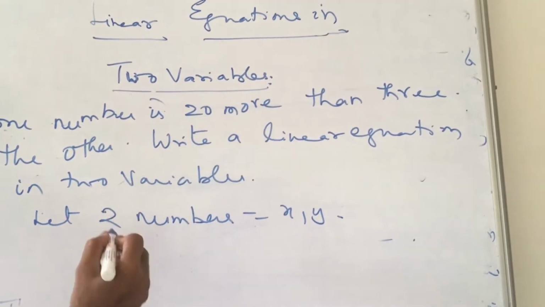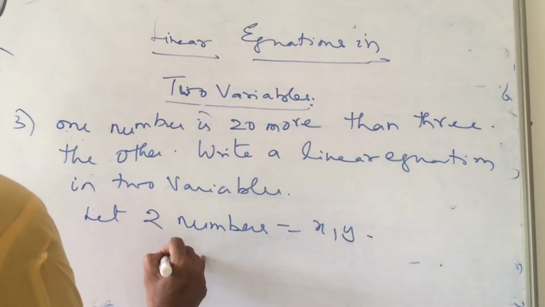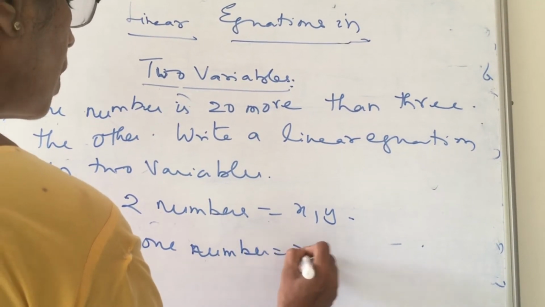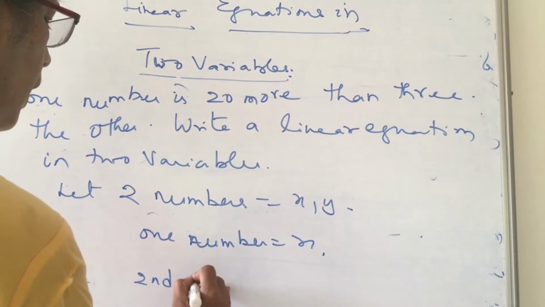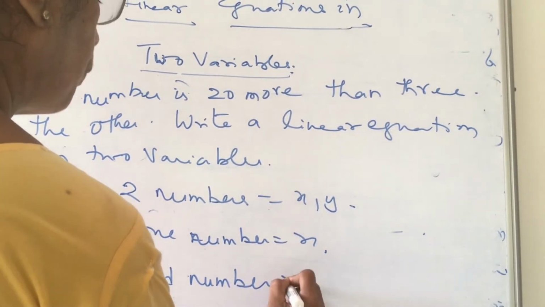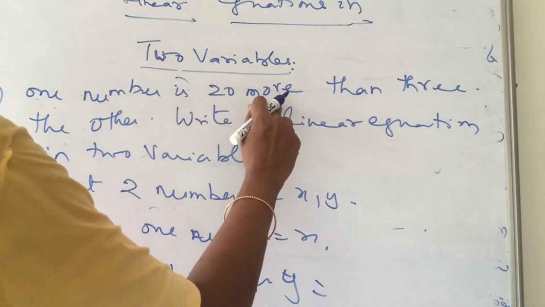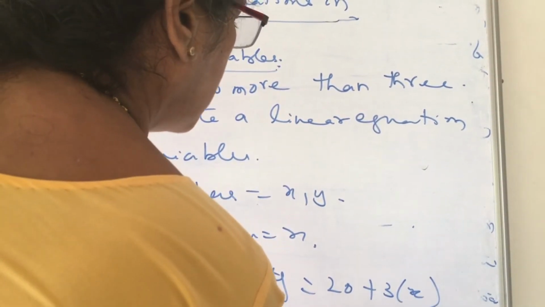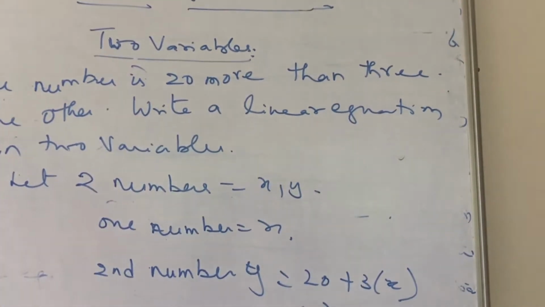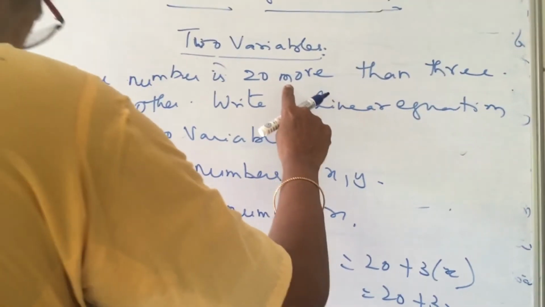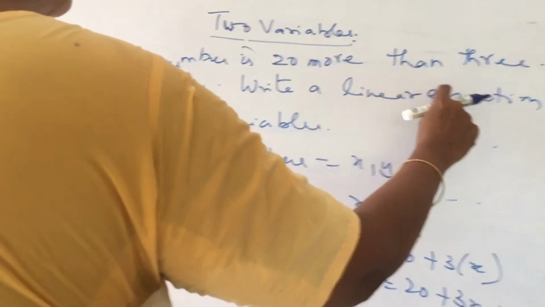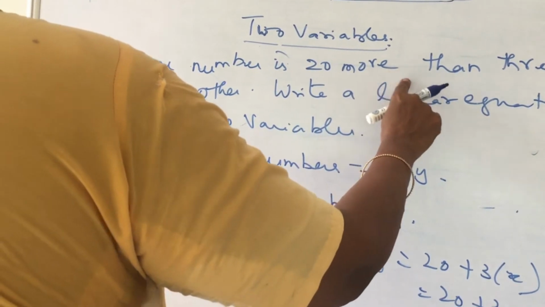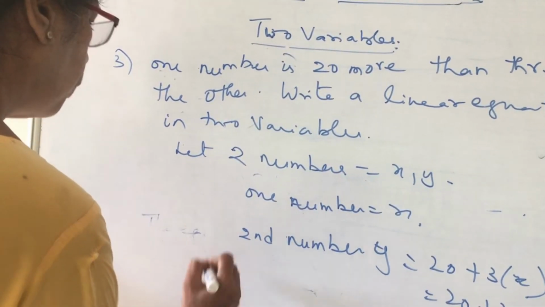One number is 20 more than 3 times the other. One number is x. Second number is y. One number is 20 more than 3 times the other. Therefore, write the linear equation.